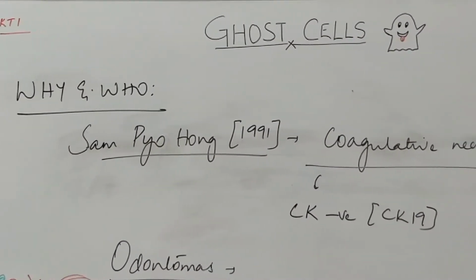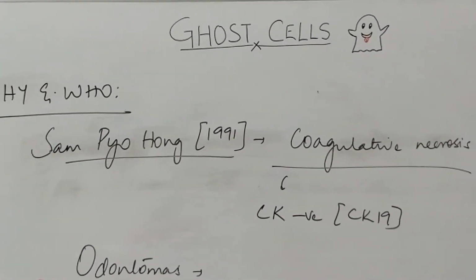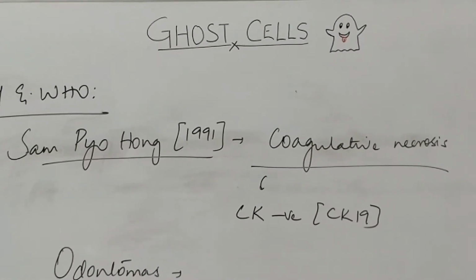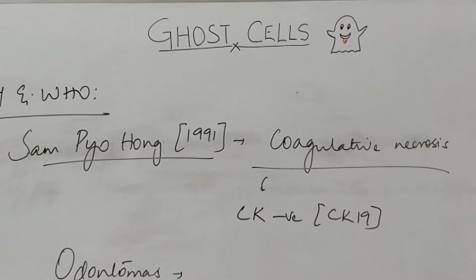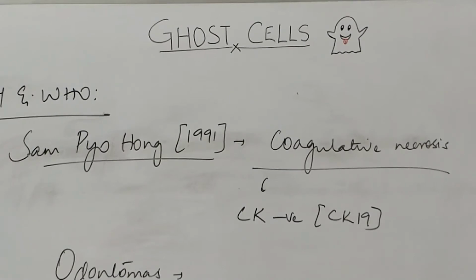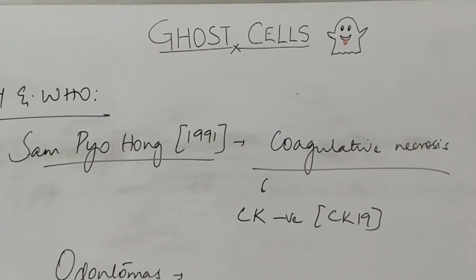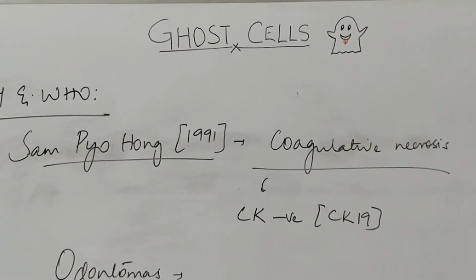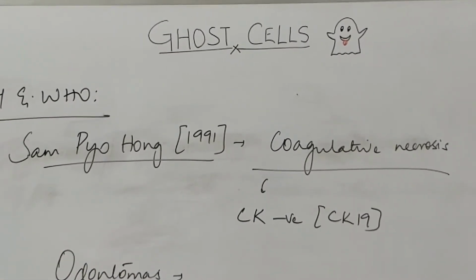As we know, or the PG students must be knowing, the cytokeratin is a very, very important characteristic marker for epithelial cells, especially keratinized epithelial cells, just remember that. So when the cytokeratin comes out negative, that made this author propose that it was a result of coagulative necrosis.